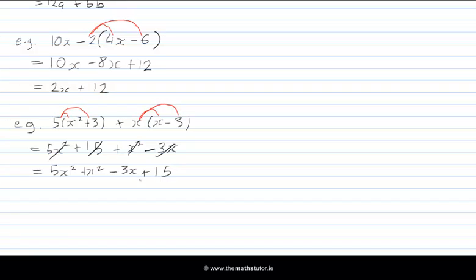So that's everything that we've brought down, and again I just like to write my highest powers of variables first. So in total we have 6x squared minus 3x and plus 15.